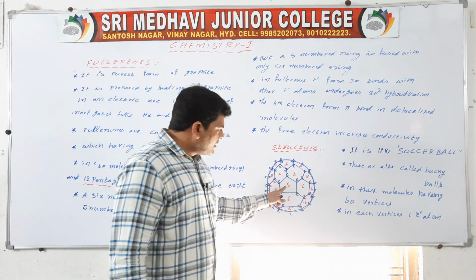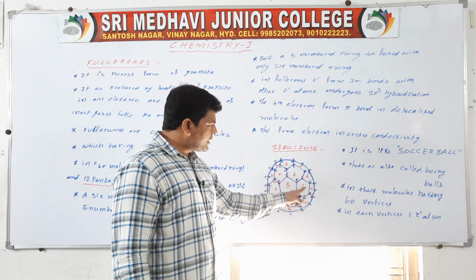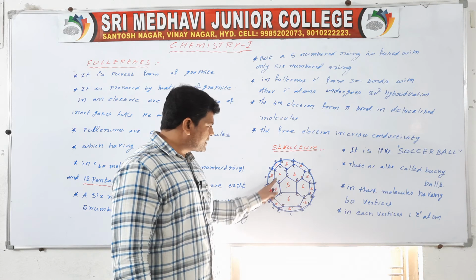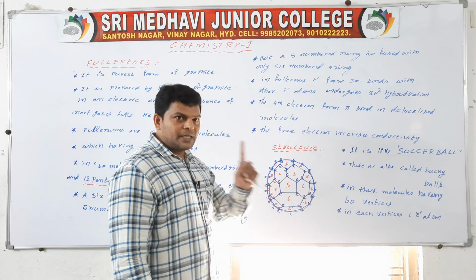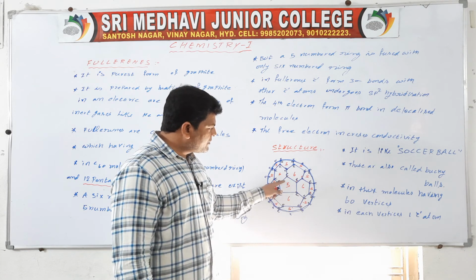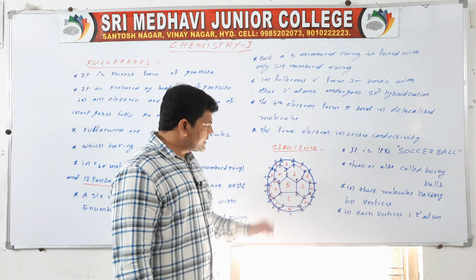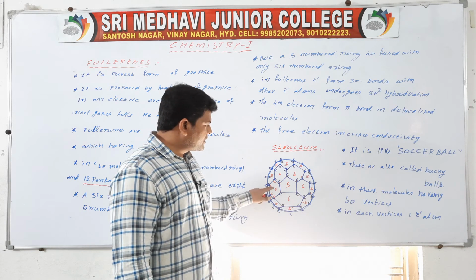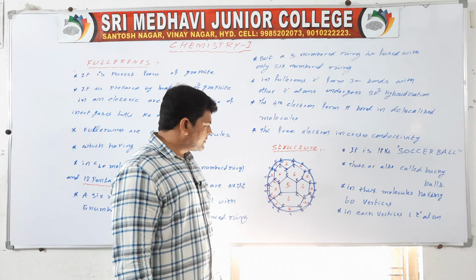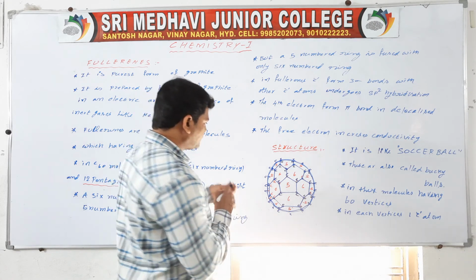So here, 5-numbered ring, 6-numbered rings. A 5-numbered ring is fused with only 6-numbered rings. A 6-numbered ring is fused with a 5-numbered ring and a 6-numbered ring. Okay. So like this.